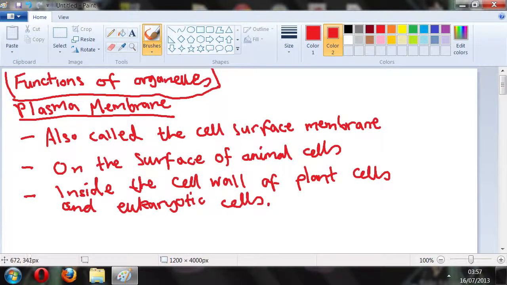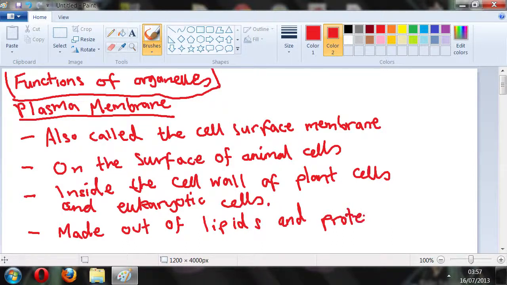It's made out of lipids and proteins. So that can be seen as a description.